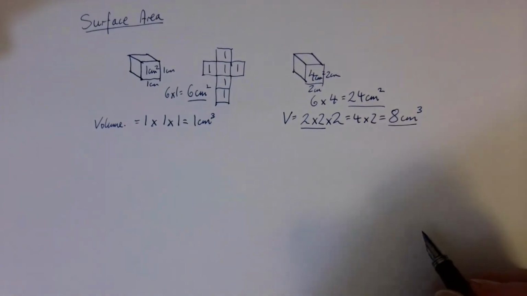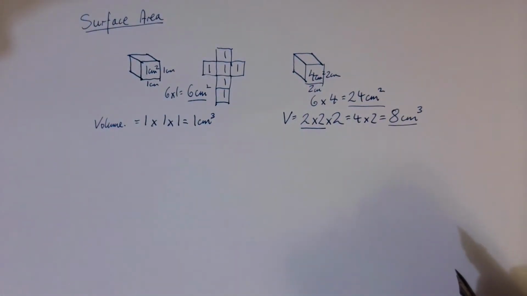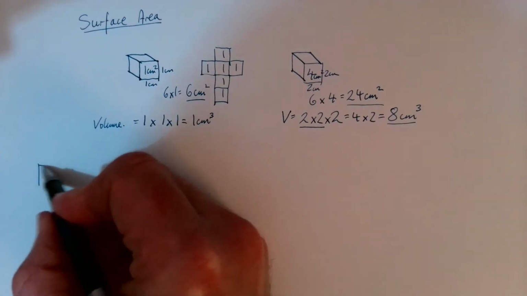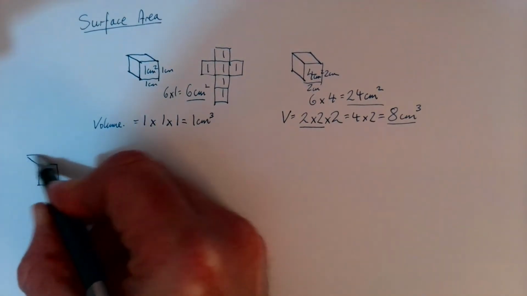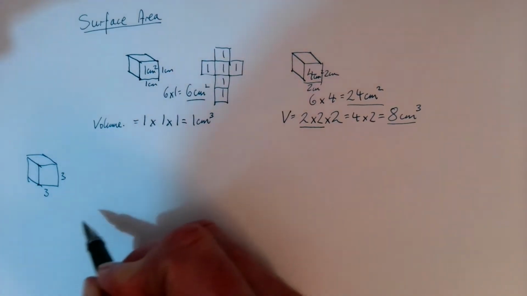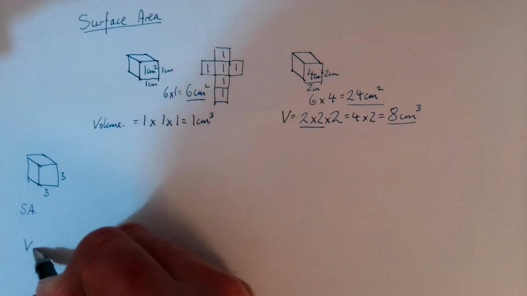Right, what I would like you to do is see if you can sketch and do 3 by 3 by 3, and I want the surface area and I want the volume.